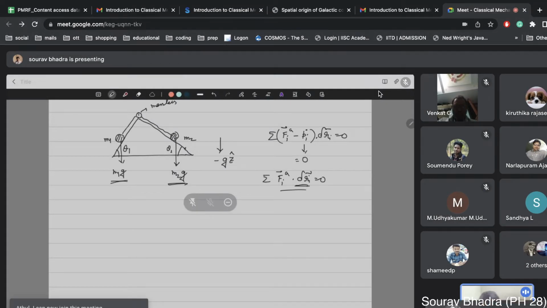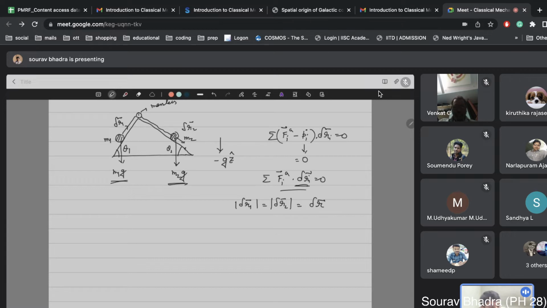Now this delta Ri is the virtual displacement. Let us say that for m1, the virtual displacement is delta r1, and for m2, it is delta r2. As the string is incompressible, the magnitude of delta r1 equals the magnitude of delta r2. Let's say that is delta r.